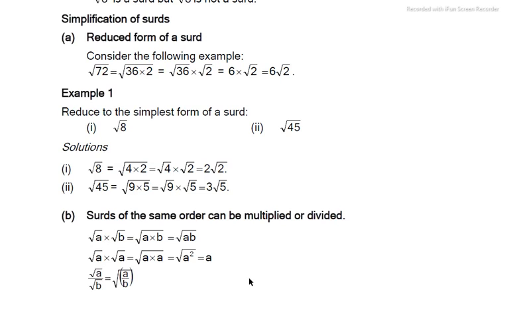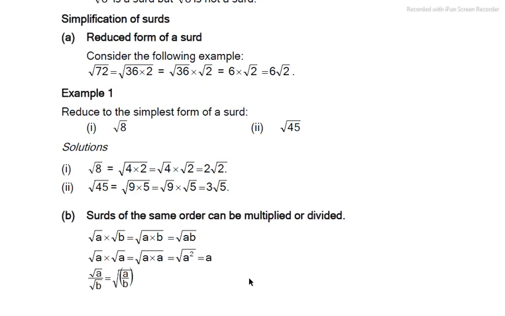And now, after simplifying 72 to its factors, we shall separate their roots. You get root 36 times root 2. But we already know root 36 is 6.